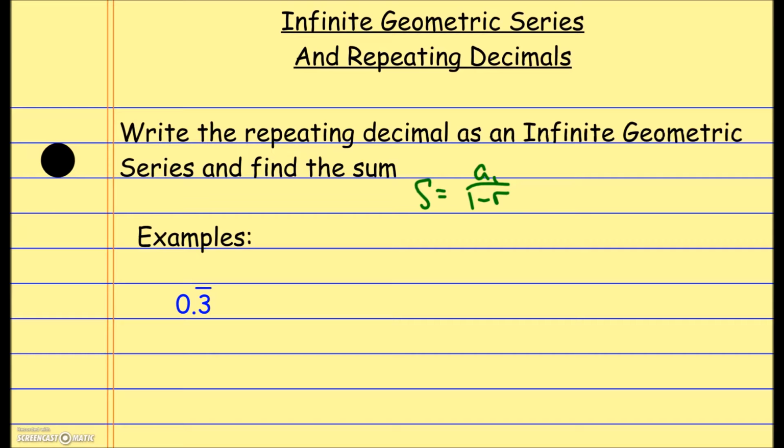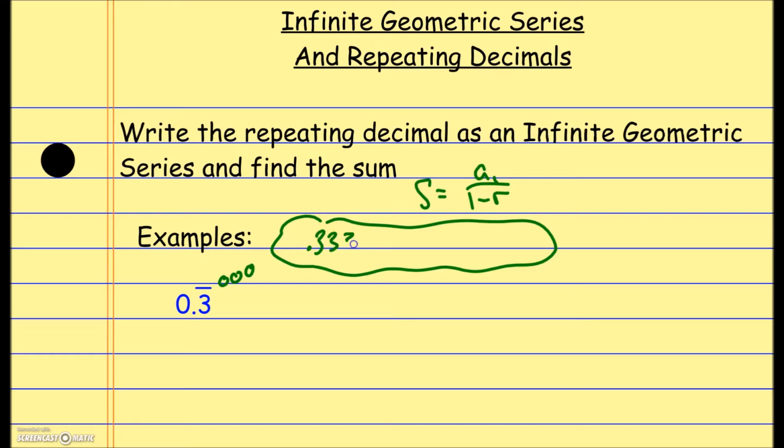If we look at this first one, what this means is that we have 0.3333, and that 3 just keeps going forever. Here's how we're going to write this as an infinite geometric series. Basically, we write this as the sum of a bunch of different values.